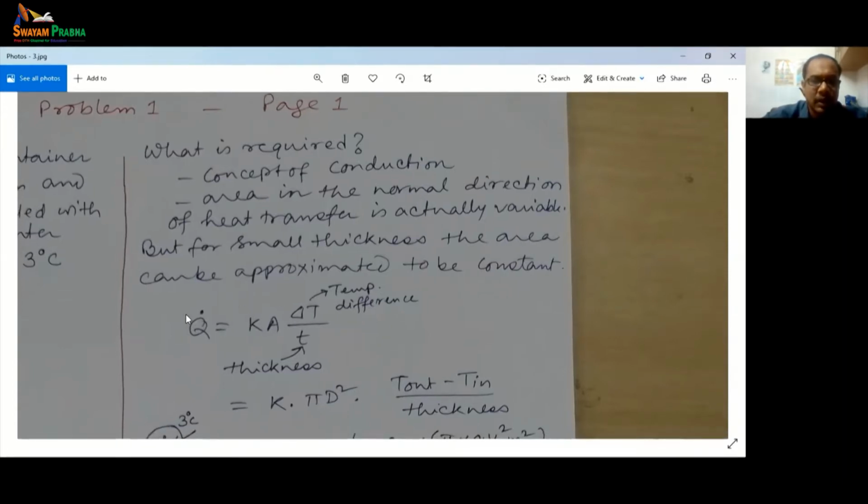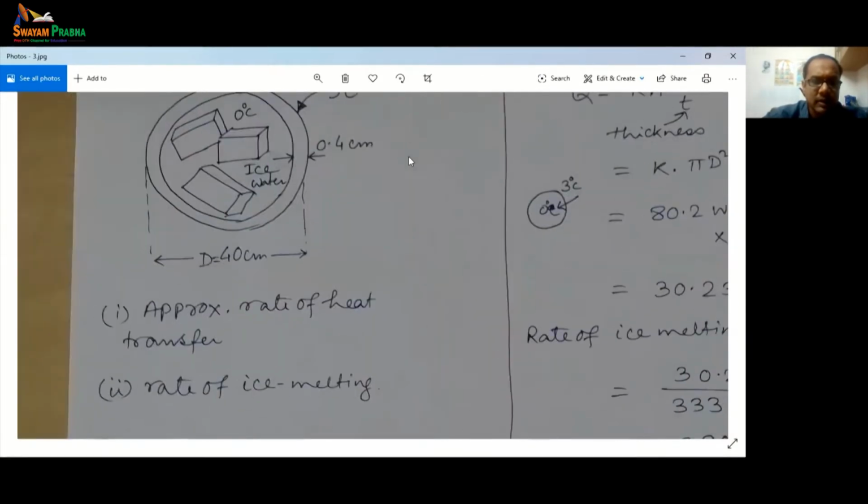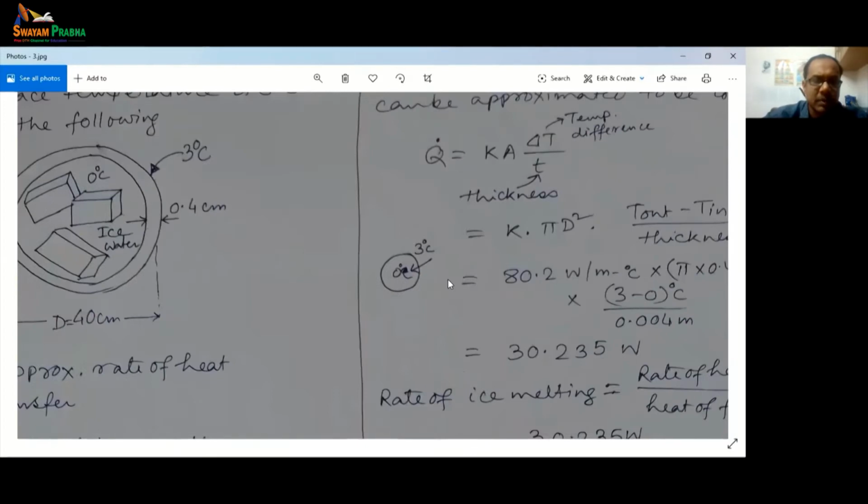Now I come back to the question where it asks for the approximate rate of heat transfer. Why does it ask for approximate? Because with the given information it will be difficult to find out the exact rate of heat transfer.